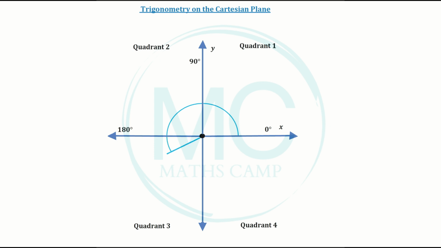Moving down past the x-axis, back to the y-axis, gives us another 90 degrees, and we have 270 degrees. Finally, we can move back up to the x-axis where we started, and we have a final 90 degrees, which leads us to a total of 360 degrees. When drawing any angle, we start on the x-axis and we move in an anti-clockwise direction.